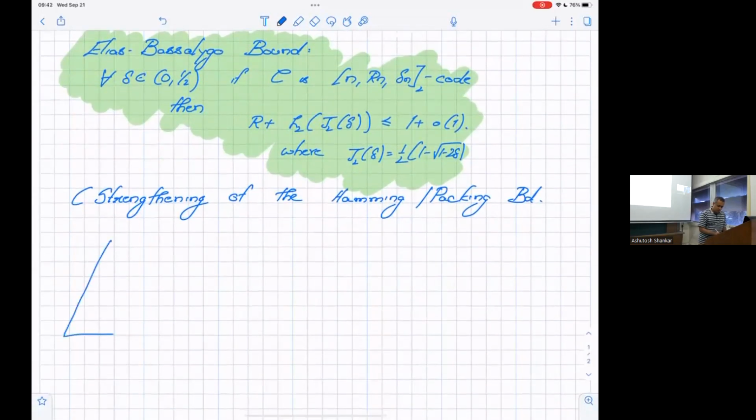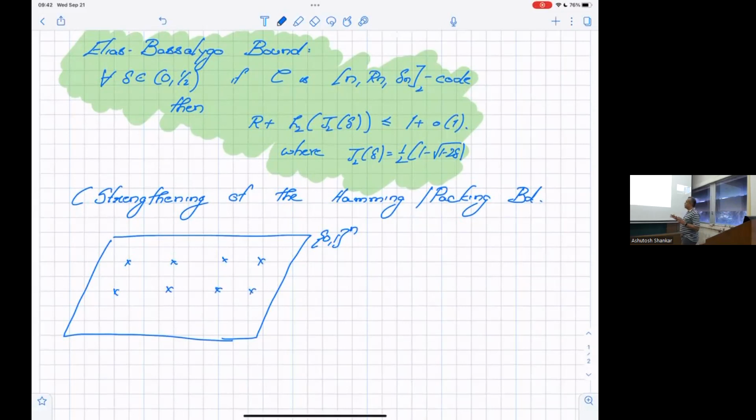The Hamming bound said that if you had the ambient space {0,1}^n, and these are your code words, and you drew balls of radius delta n by 2 around each code word, then every word in this whole space participates in at most one ball.